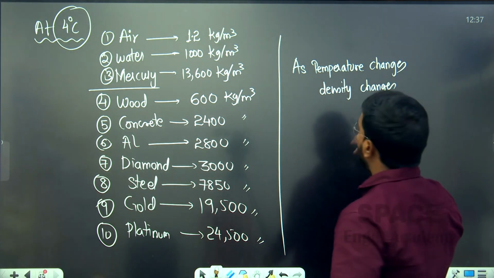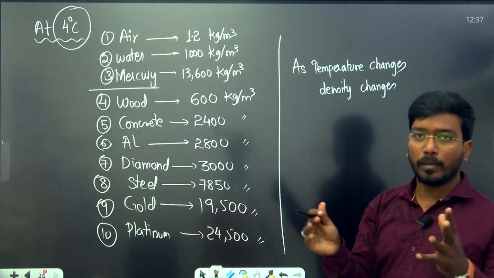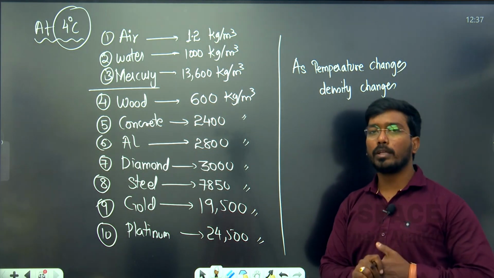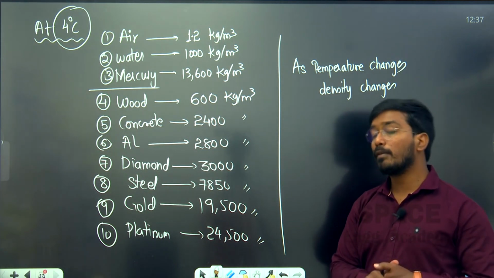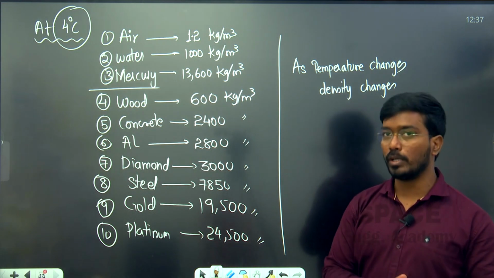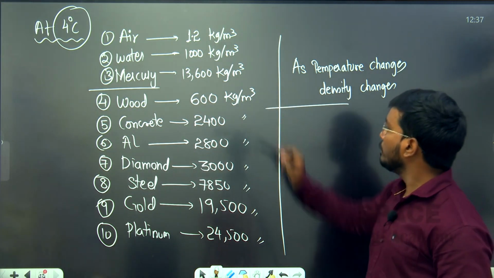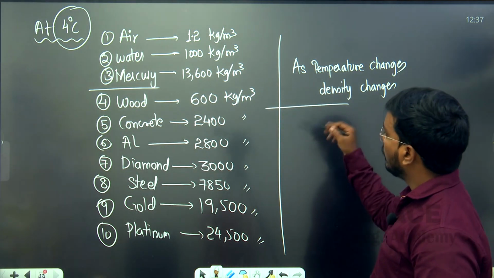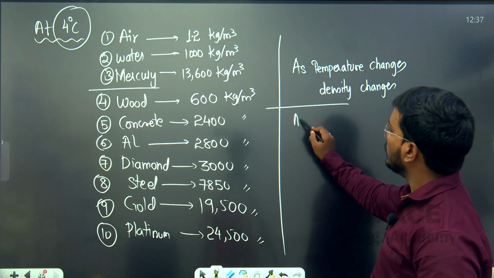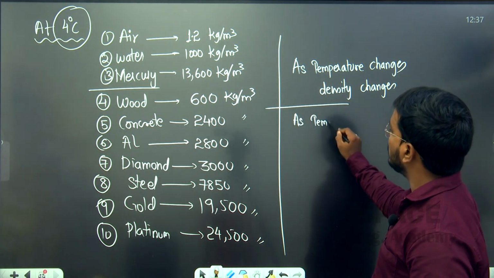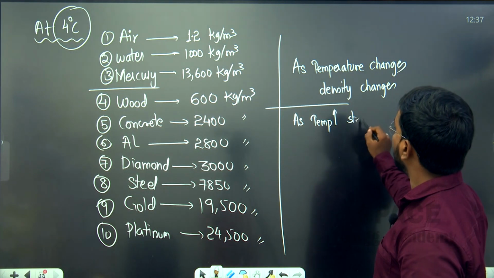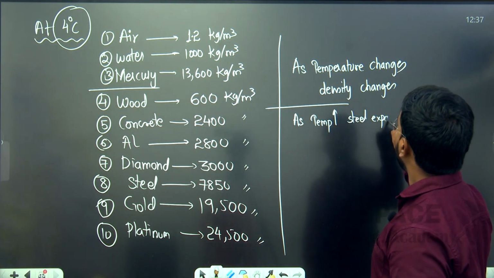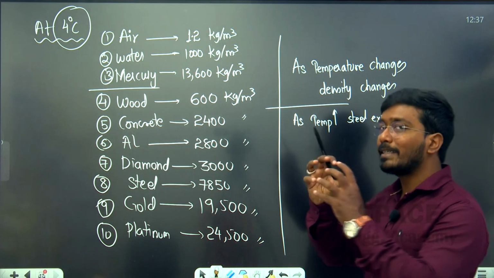We know that material usually expands upon heating. A few materials contract upon heating also, that is water when we discuss 0 to 4 degrees Celsius. For example, for steel, as temperature increases, steel expands. When steel expands, the molecular gap increases.